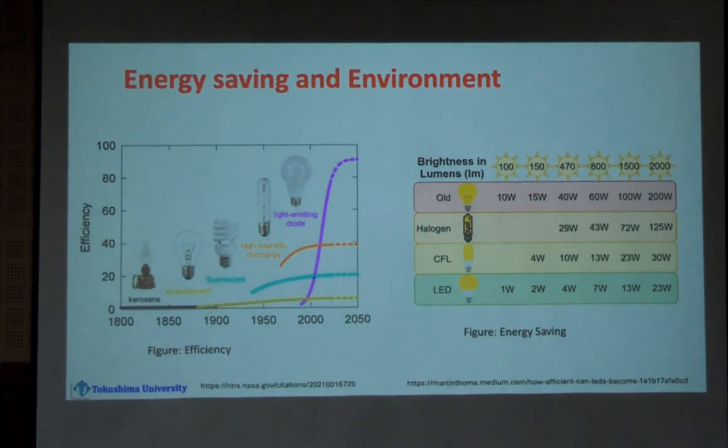In the morning session, I told you that we are looking for green sources. But if we cannot find green sources, what we can do is reduce the use of power. So here LED can reduce the use of power. That's why now LED is used everywhere. 10 times is a lot of energy we can save.